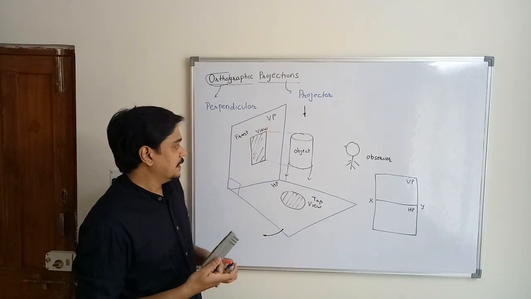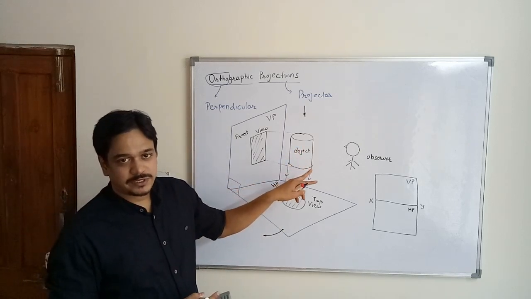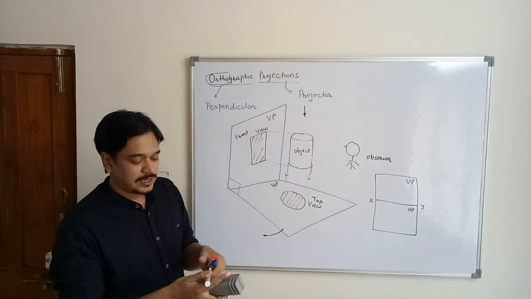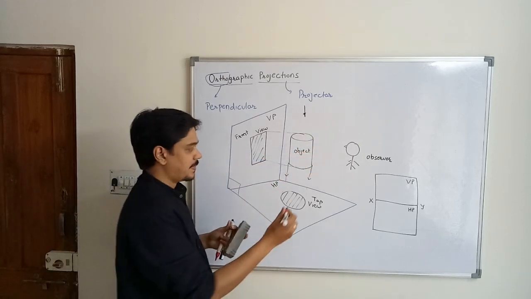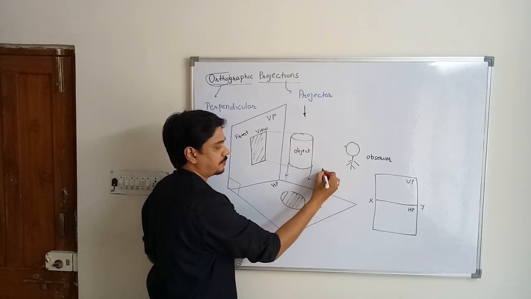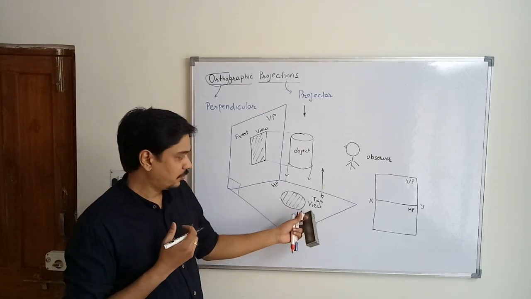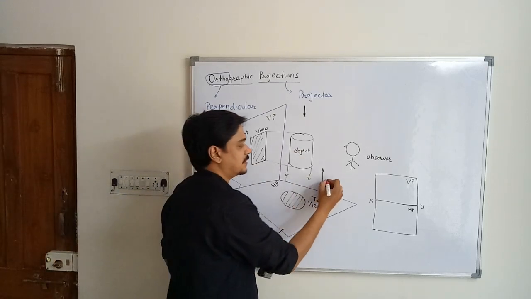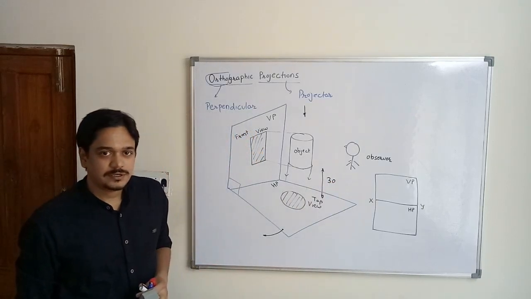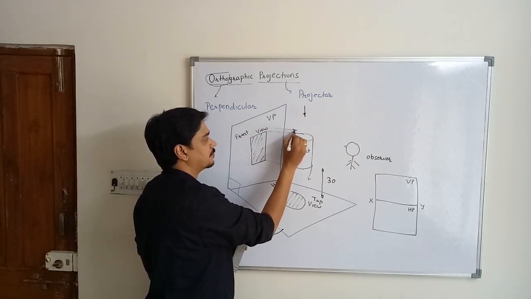Now if you want to locate the position of the object, so how this object is located? It is some distance above this ground or horizontal surface. This object is some distance above this horizontal surface. Let us take this distance as 30, and it is some distance in front of the vertical plane.